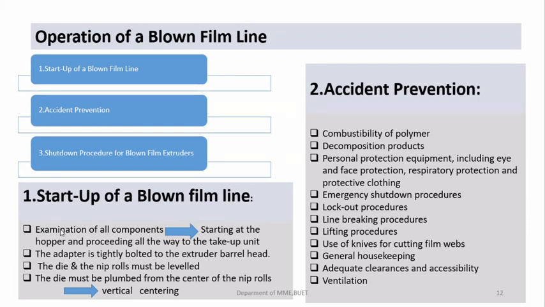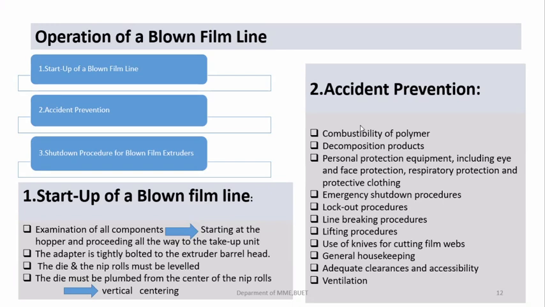So first, startup of a blown film line. The procedure steps are the examination of all the components starting at the hopper and proceeding all the way to the take-up unit. Then the adapter is tightly bolted on the extruder barrel head. Then the die and the nip roll must be level and the vertical centering must be monitored. Secondly, accident prevention.